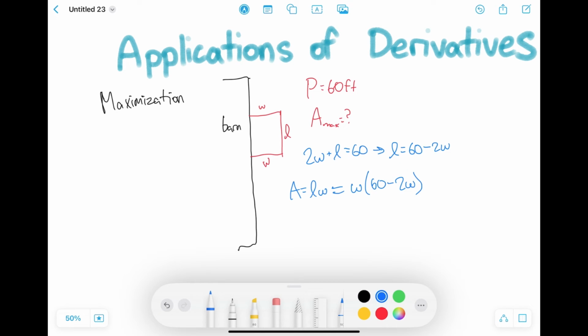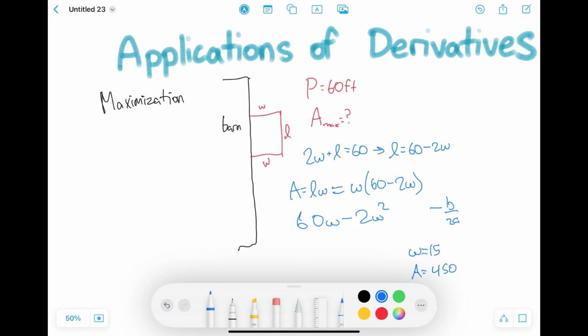And then what we can do here is we just need to find the max of this. And if you're in algebra 2 or pre-calc, you'd recognize that we can just do 60w minus 2w squared. We just use negative b over 2a, plug it in, find the width is, if I remember right, like 15. And then you find the area, and that ends up being like 450, right?